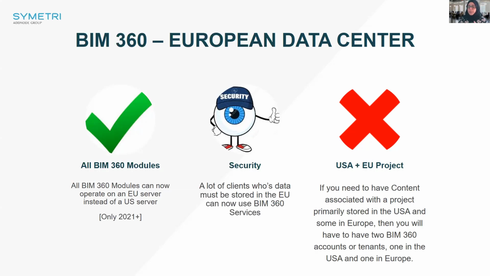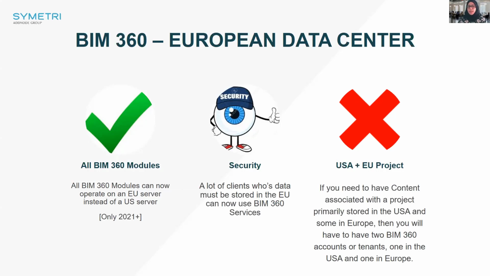But this is only for Revit or software of 2021 plus. So that's not going to be previous to that. So in terms of security, some clients are not able to use BIM 360 because it was housed within the US server. We're looking to make sure that those who are using 2021 who couldn't use it because of the US server can now use the EU server. So all of the data is housed within the EU.